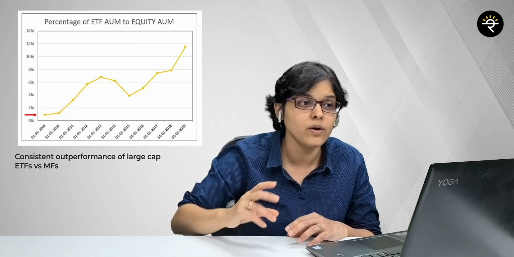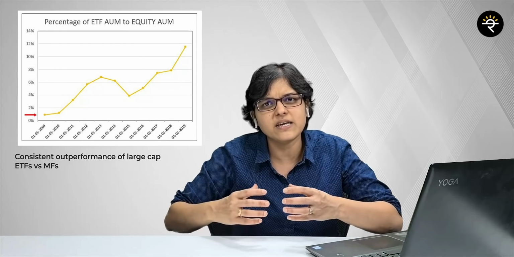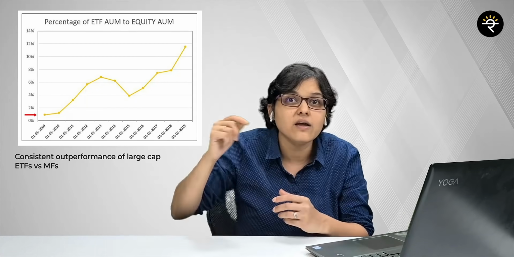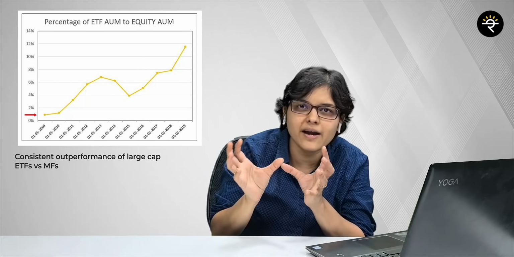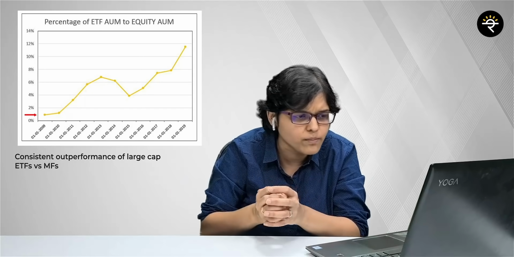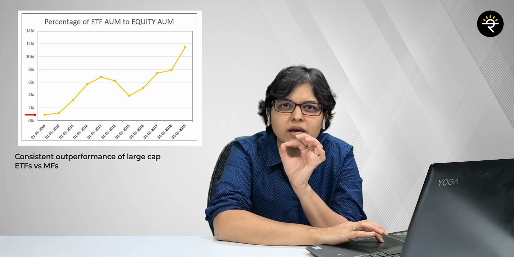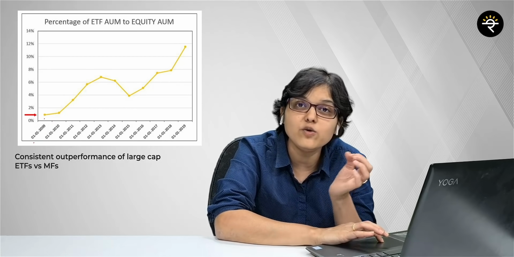The second graph I would like to show you talks about the percentage of ETF AUM to the equity AUM. In simple words, it compares people investing in equity mutual funds versus people investing in ETFs. Assume that out of 100, which is the total equity AUM, barely 1% was being invested in ETF AUM way back in 2009.